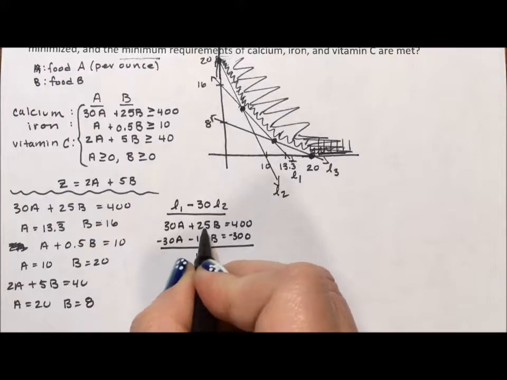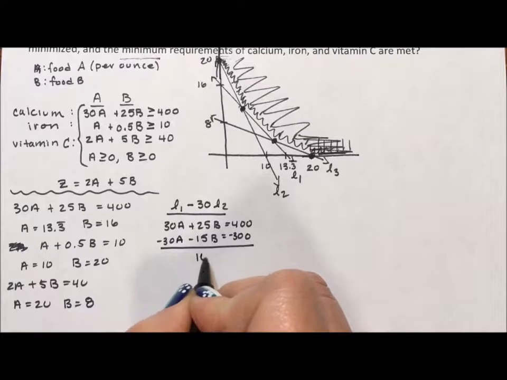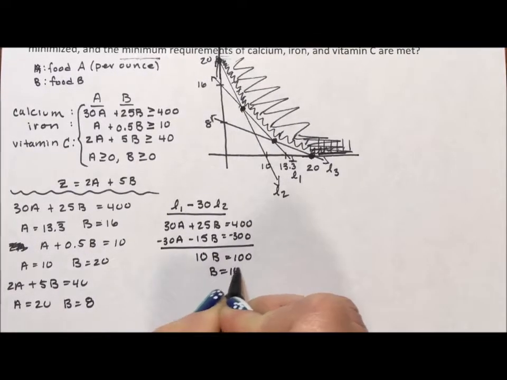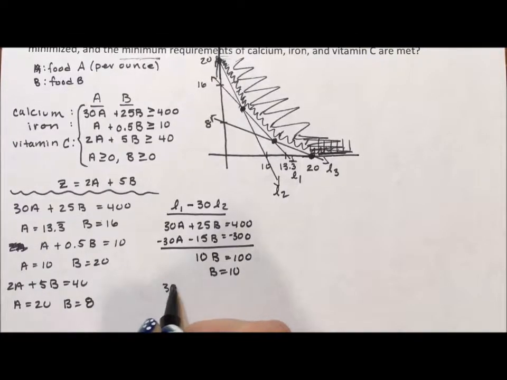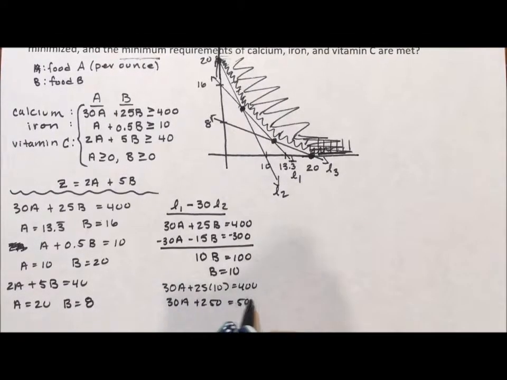All right. 10B is equal to 100, so B is equal to 10. I'm going to put that into my first equation. 30A plus 25 times 10 equals 400. 30A plus 250 equals 400.